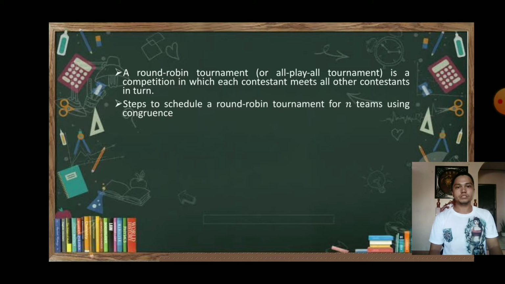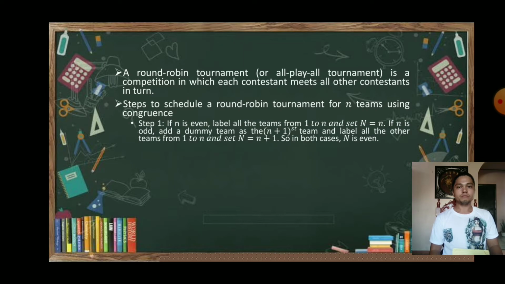Okay, let's proceed na po sa steps to schedule a round-robin tournament for n teams using congruence. So, dito po meron tayong 3 steps. Ang ating step 1 ay, if n is even, label all the teams from 1 to n and set capital N equals n.